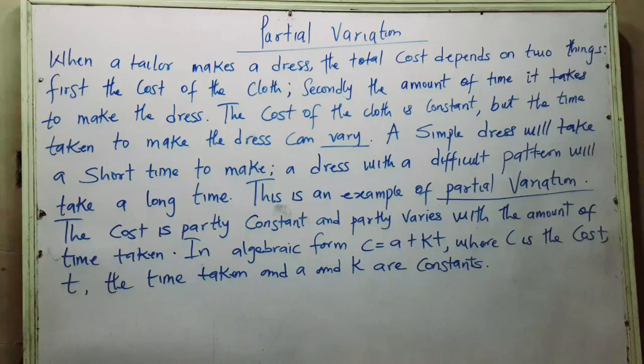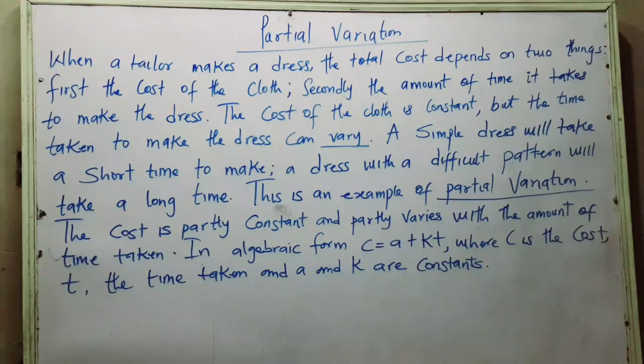There must be a cost of making a cloth that is constant, but the time taken to make the dress can vary. Why? A simple dress will take a short time to make. A dress with a difficult pattern will take a long time.